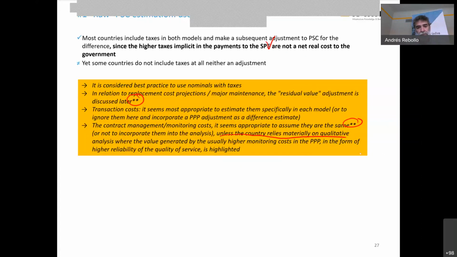Okay. So double asterisk in my orange boxes, which are my key notes and personal opinion, means that this could be changed or reflected in the CP3P guidelines. Okay.